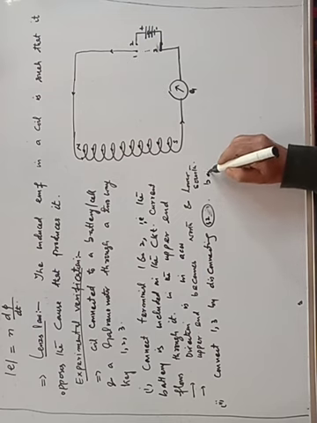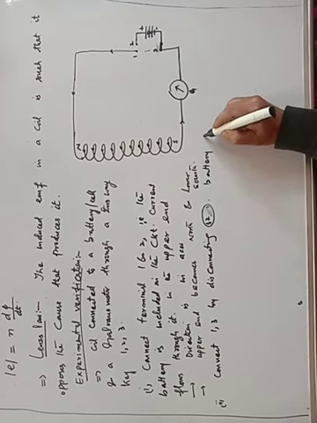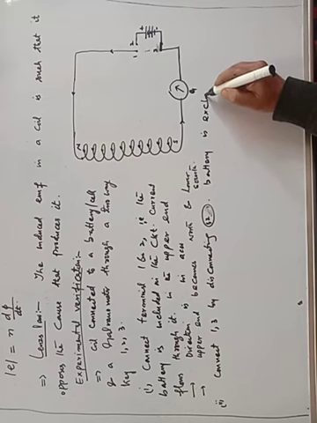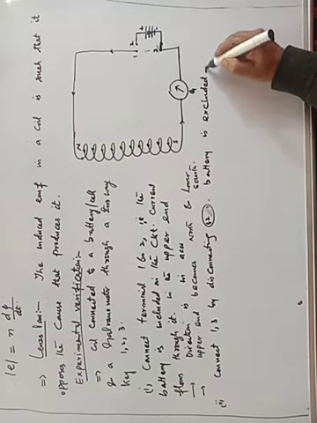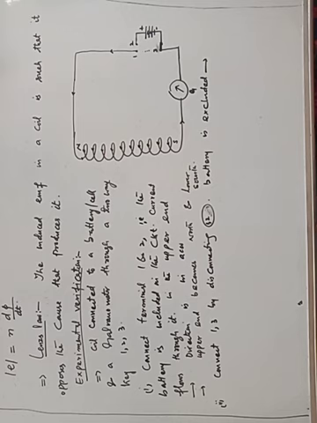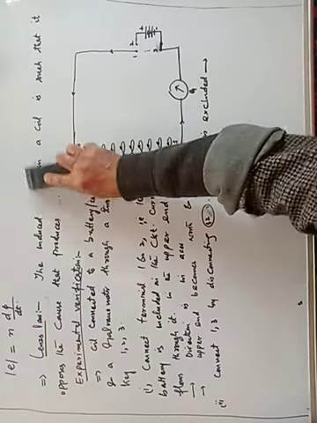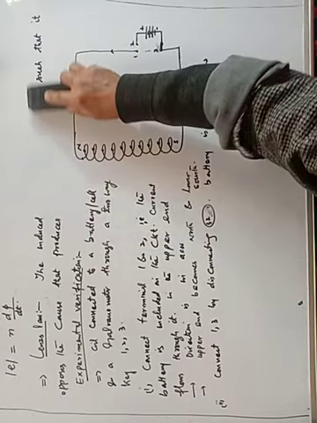So battery is excluded. Battery is excluded. So there is no current due to the battery which is in the circuit because we have excluded it.